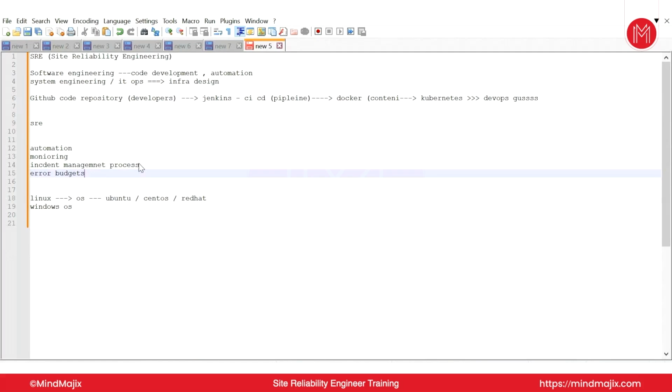What is meant by error budget is, let us say a 1 month period of time. In this 1 month period, we will come to an agreement with the Jersey team. Let us say 100% uptime.